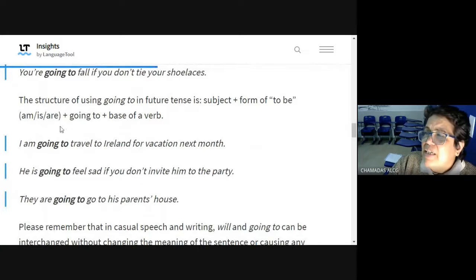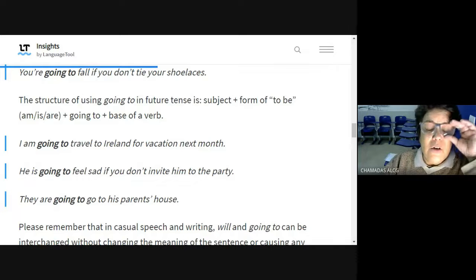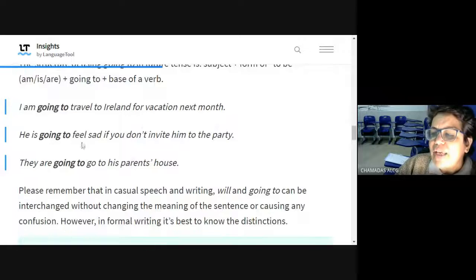So another idea, we talk about future plans that have a plan already. They are already organized. Example, I am going to travel to Ireland for vacation next month. So he is going to feel sad if you don't invite him to the party.